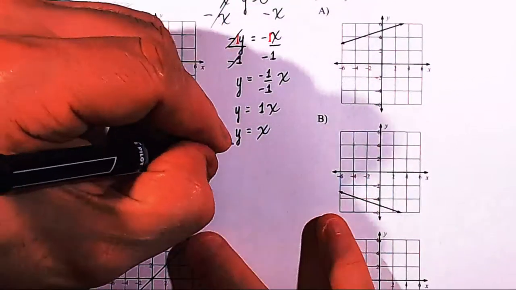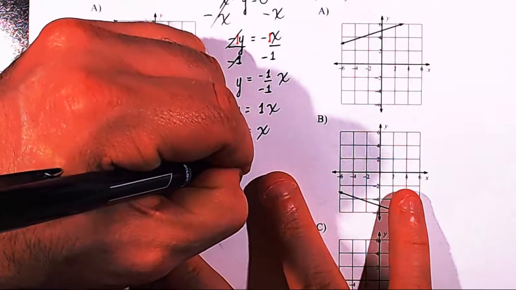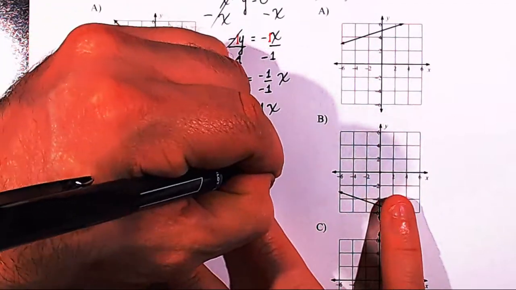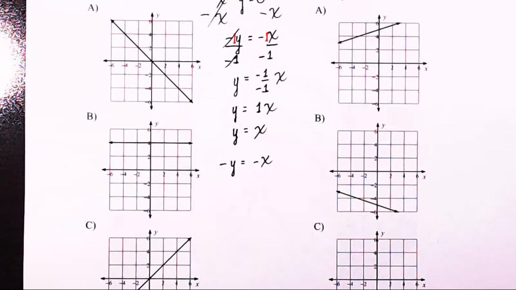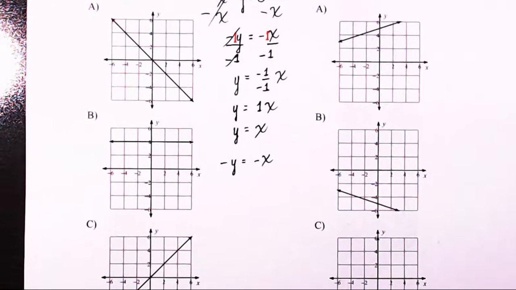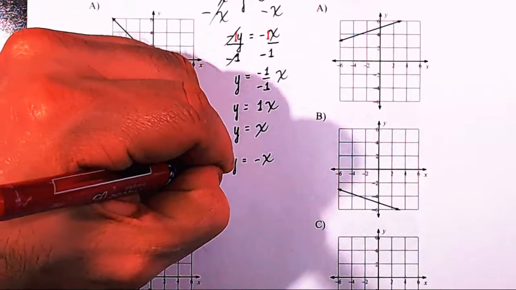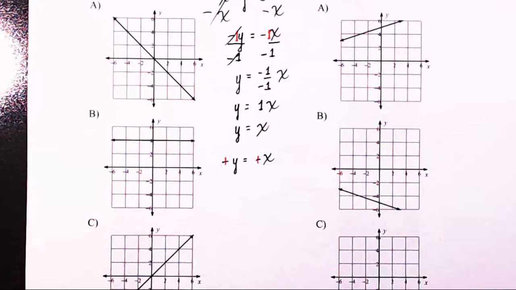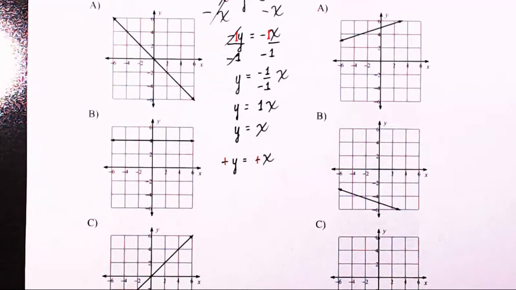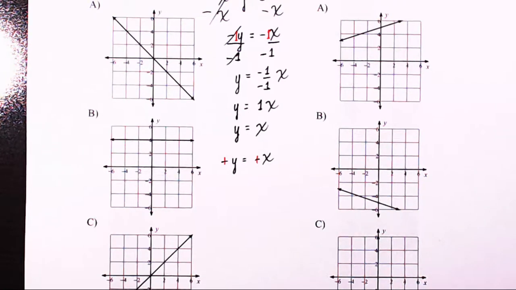Let's go back to where we were. We had negative y equals negative x. If you're ever presented with this very simple problem and you need to quickly get the negative sign to go away, you can just change all the signs in the equation. So I can just quickly say plus y equals plus x.